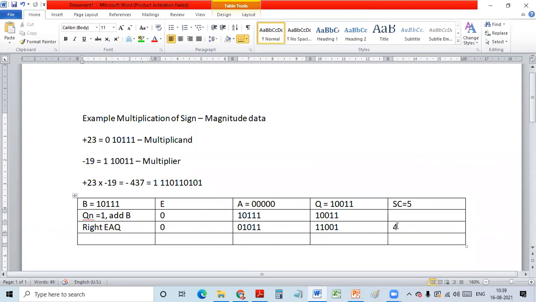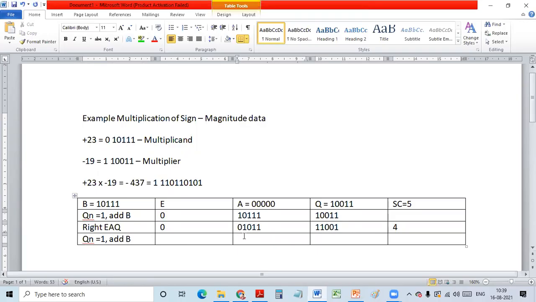In the second cycle, what is the least significant bit? It is 1. So again you need to add B to the accumulator.